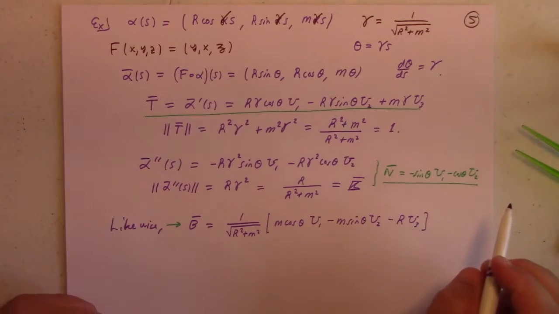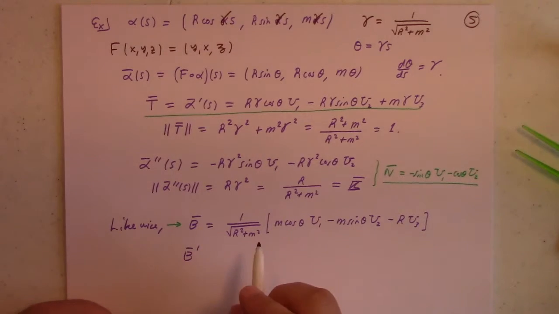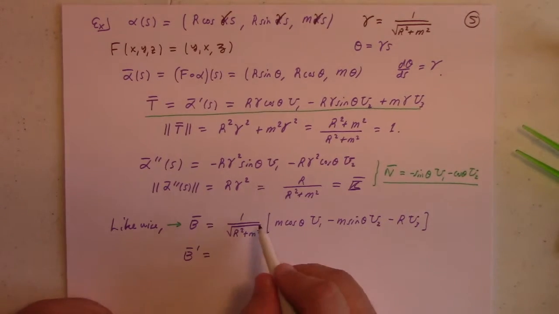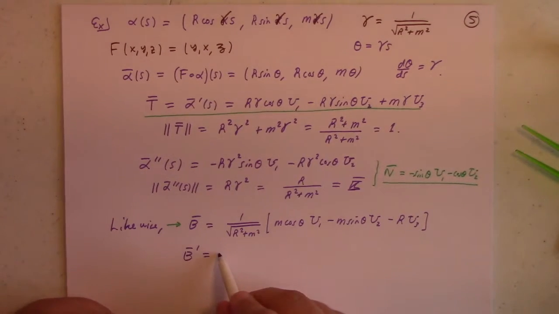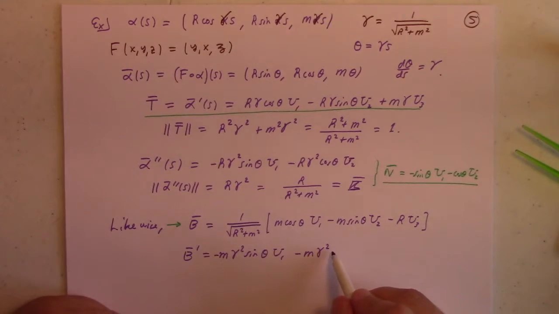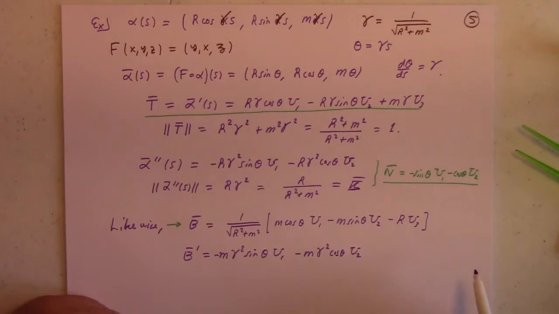All right? And so if we calculate b prime, we get what? Again, this is gamma, right? So we get minus m gamma squared sine theta u1 minus m gamma squared cosine theta u2, and that differentiates to 0 again, right?